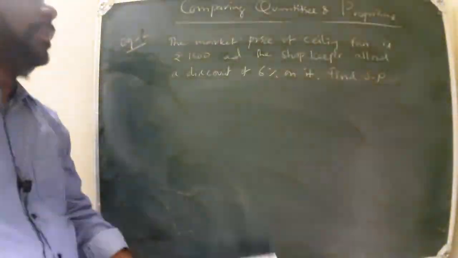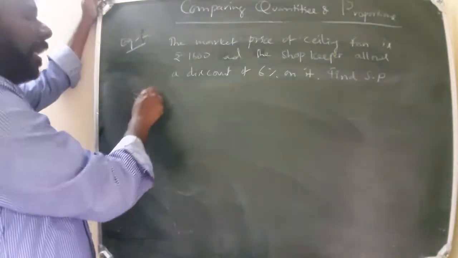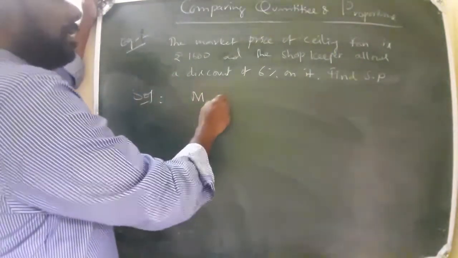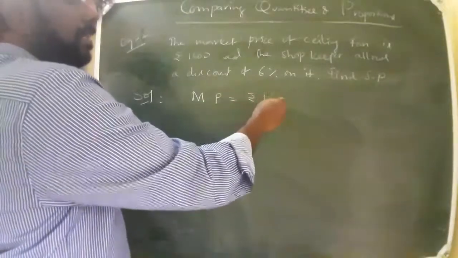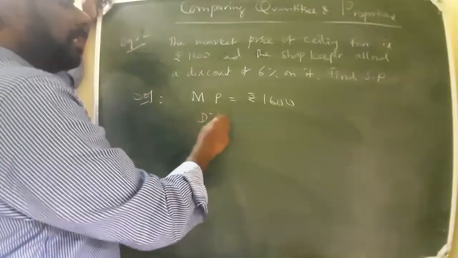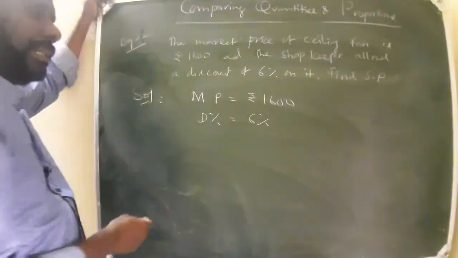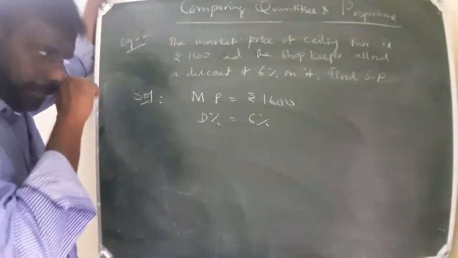Find the selling price. So here, what is given: first you have to write the market price of the ceiling fan is rupees 1,600. Discount percent is given as 6%. SP you have to find.